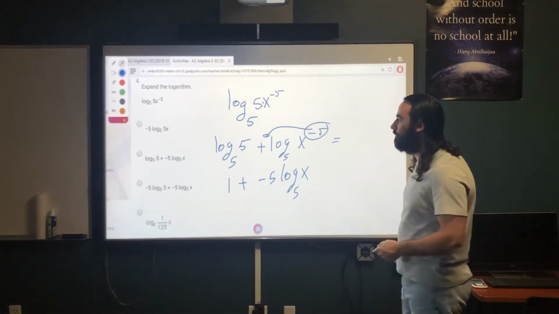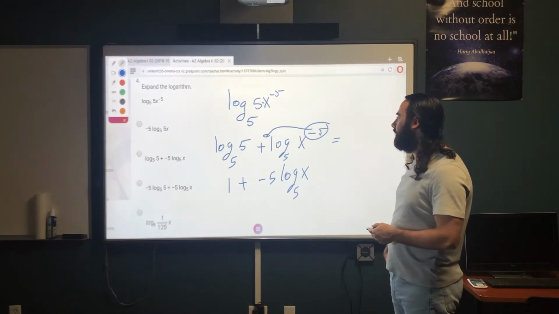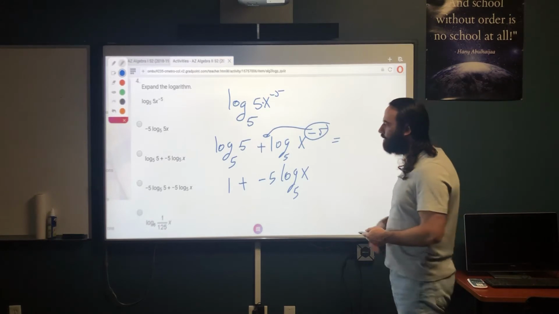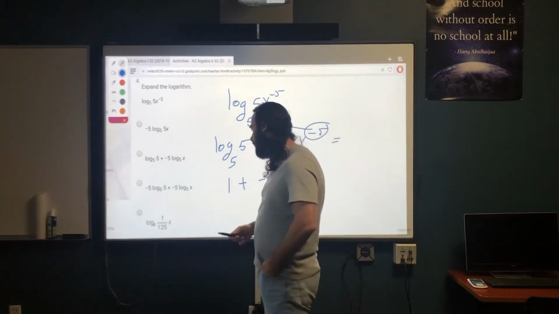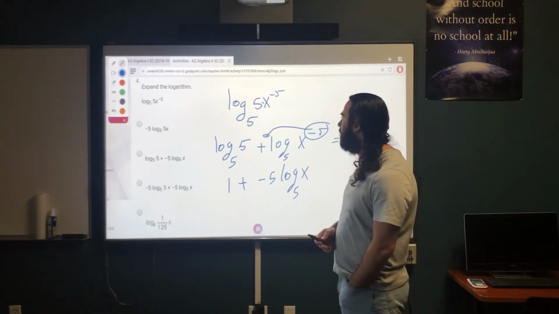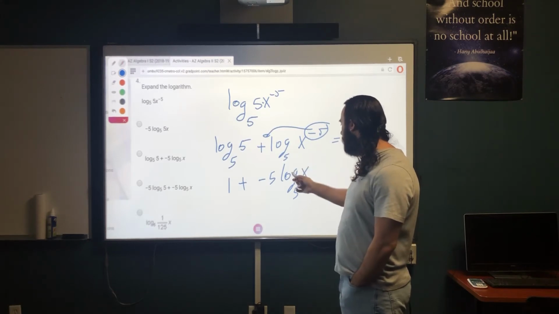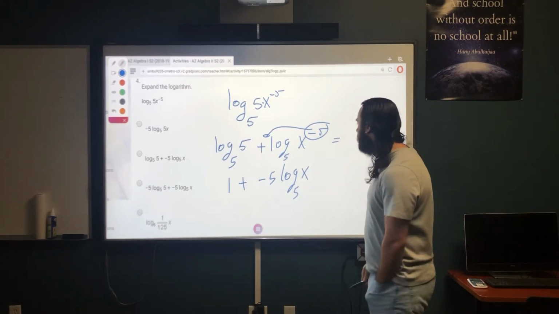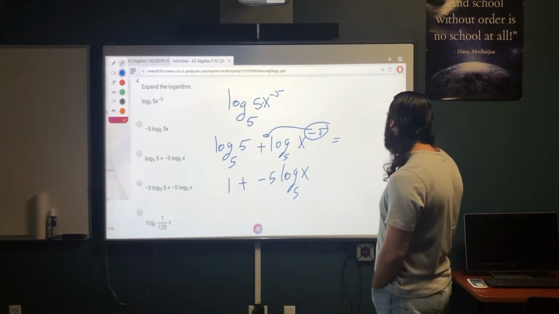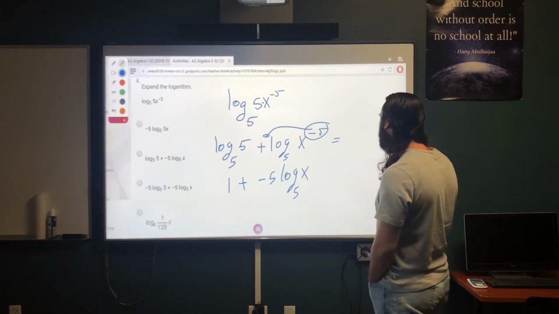Okay? So as you can see, log 5 base 5, we can see that the question wants us to expand. Where's the answer? Can't find the answer. Maybe I wrote it wrong. 5x to the power of negative 5. So it's going to start with log 5 base 5. Why is log 5 base 5 equal to 1? Because 5 to the power of how much gives you 5, which is 1.